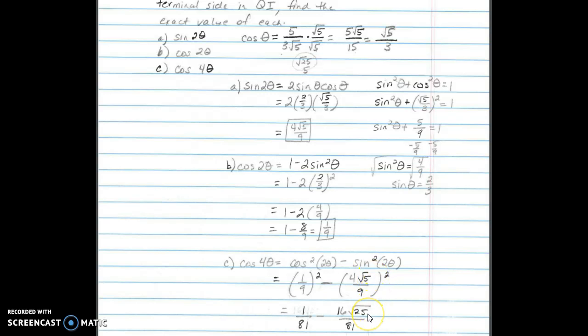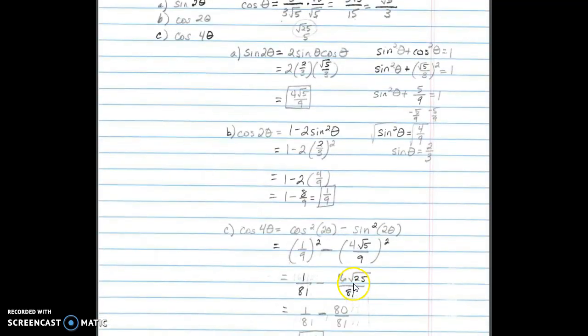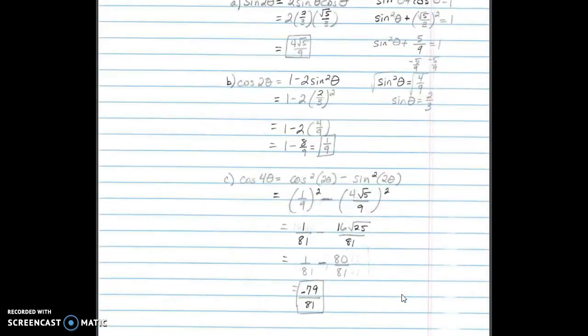Radical 5 squared is radical 25. 9 squared is 81. And then, of course, you can simplify. The square root of 25 is 5, so take 5 times 16 to give you 80. 81 stays the same. 1 over 81 stays the same. And when you subtract, you get negative 79 over 81.